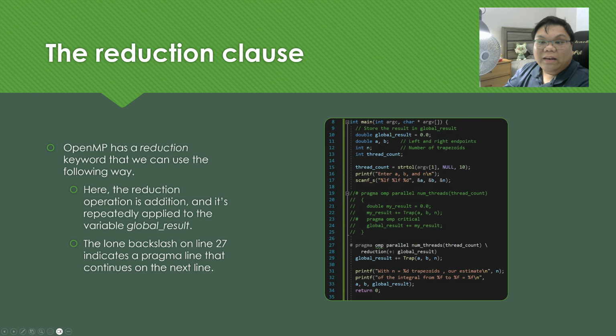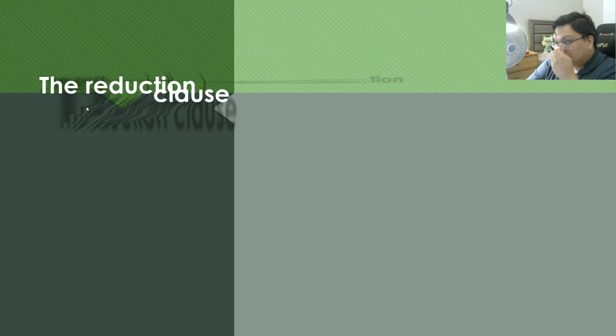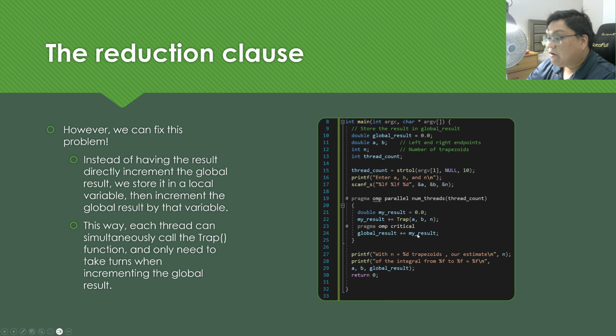OpenMP lets us define a reduction operation using what is called the reduction clause. So let me go back a few slides. Here, we have the global result being added to over and over again, and in this case each thread is adding to the global result. But that still counts as a reduction operation, because trap is set up such that each thread is going to calculate its portion of trapezoids and then add its local result to the global result.